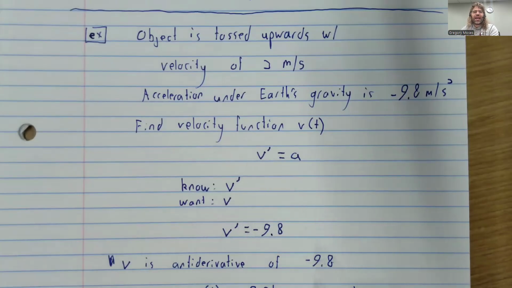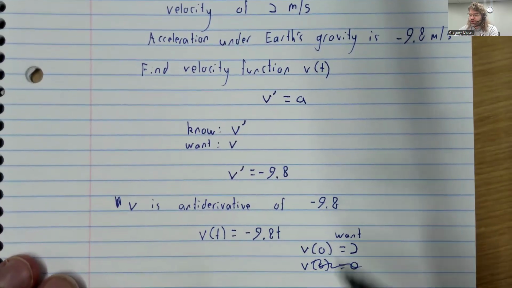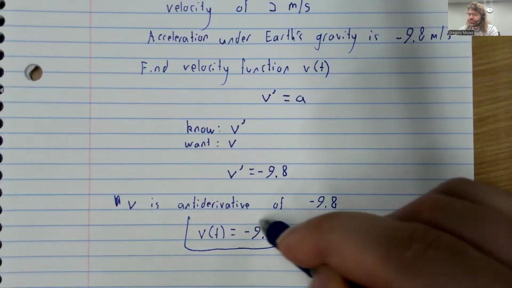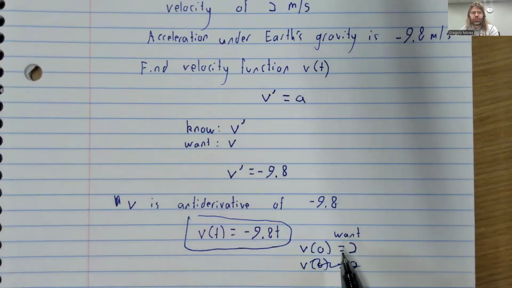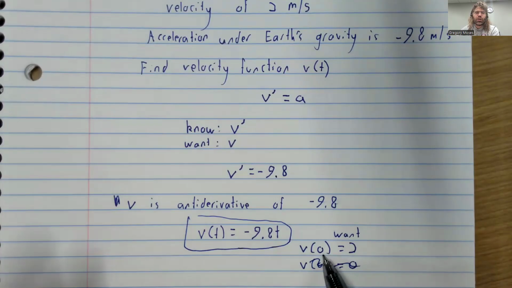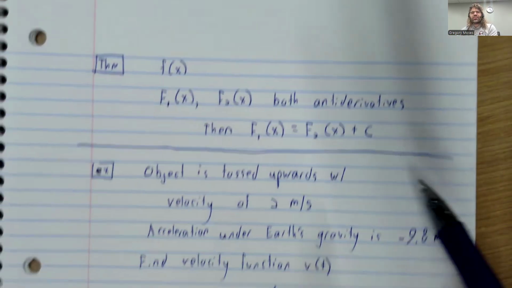We find an antiderivative, but the antiderivative isn't the one we want. It doesn't satisfy an initial condition. In this case, we want this antiderivative to be 2 at 0, and it isn't. We apply this theorem.